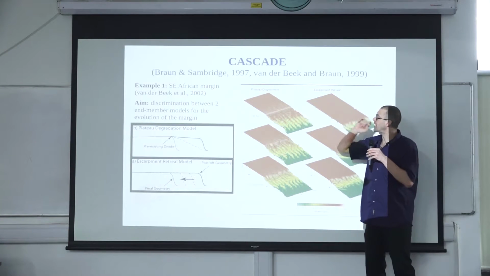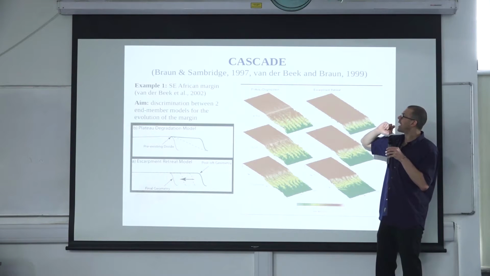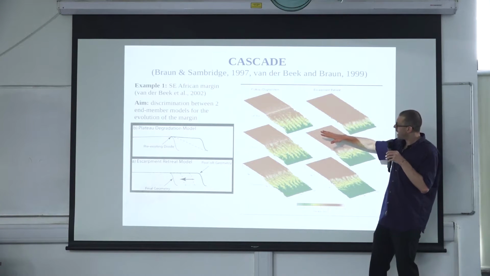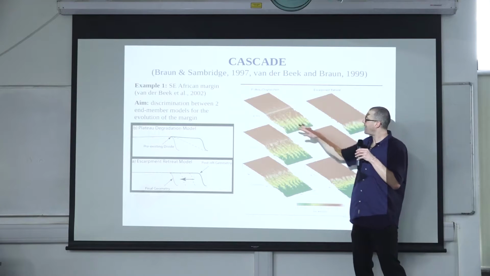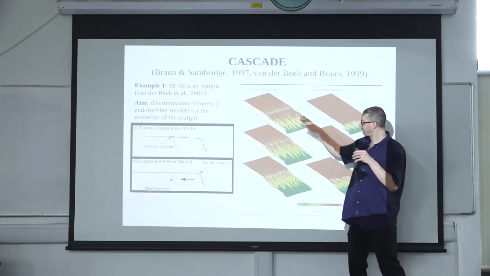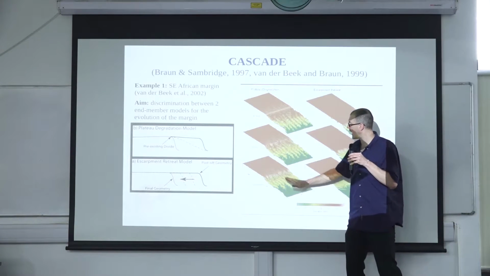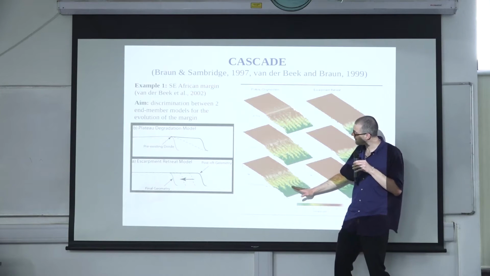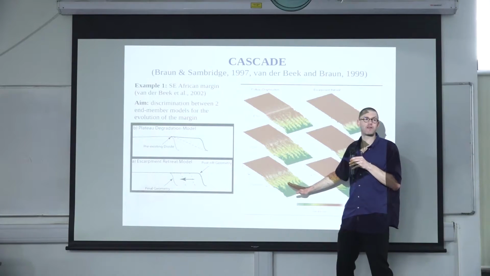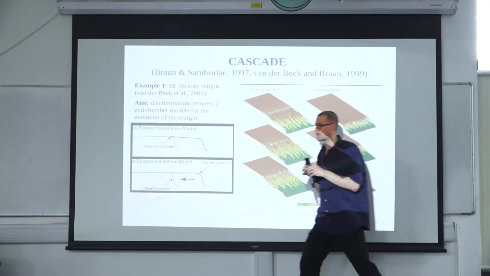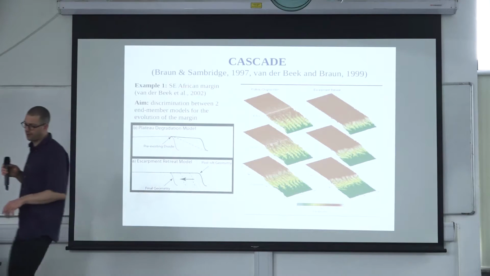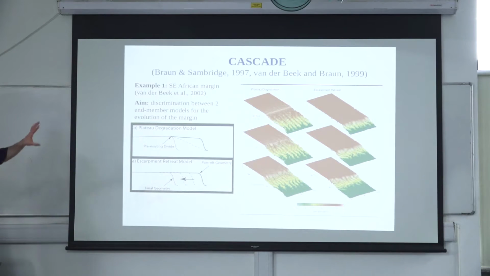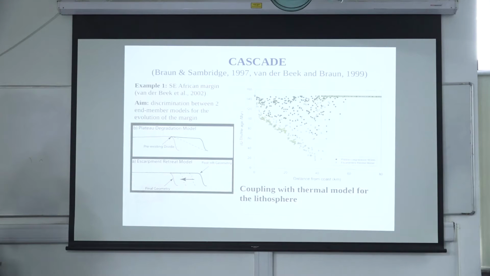And this is something that you describe as a plateau degradation, where you have an escarpment, and then you have fluvial erosion that starts to smooth out the surface, so that in the end you essentially have a diffused ramp. Okay, so these are the two models, and this has been applied for Southeast Africa.